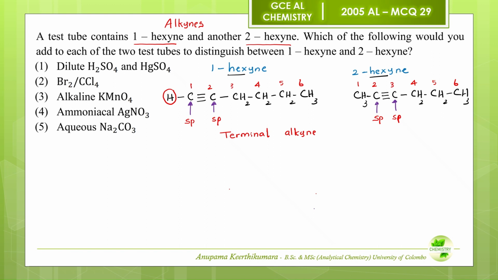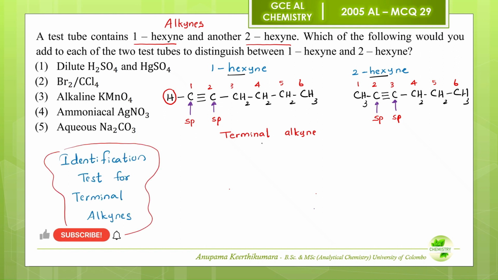We have identification tests to distinguish terminal alkynes from the other alkynes. For that, we can use either ammoniacal silver nitrate or ammoniacal copper(I) chloride.